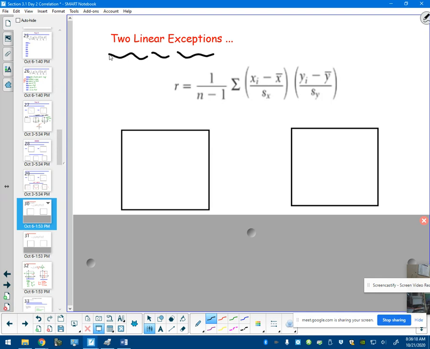Please draw yourself an X and Y axis coordinate plane, and then go over to 4 on the x-axis and put in some dots.